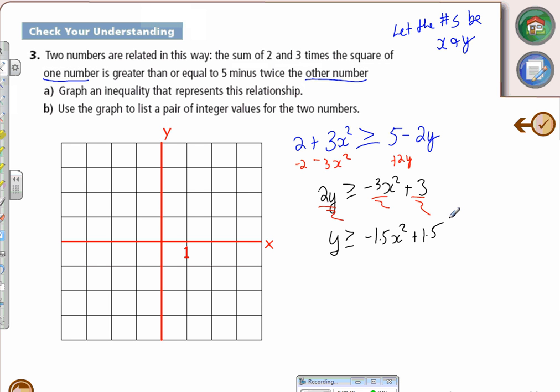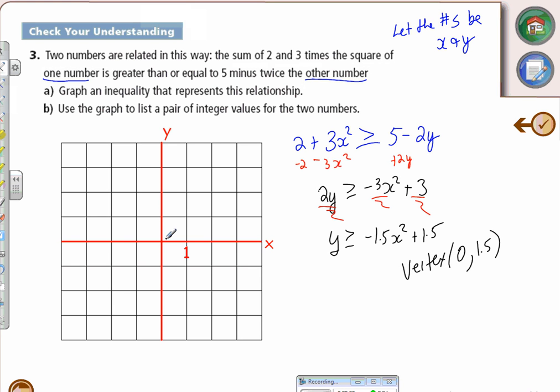Well, let's graph the related function, y equals. The vertex of this is at (0, 1.5). Now let's put that on there.